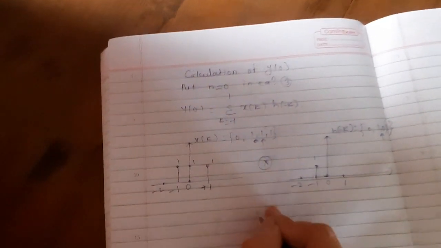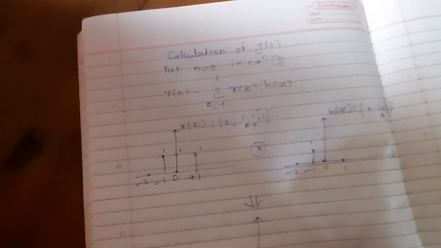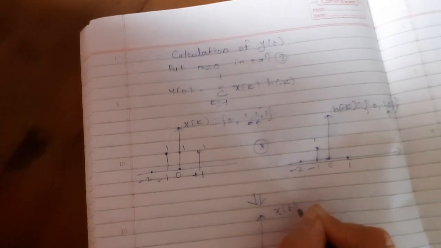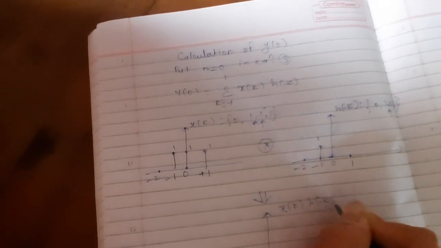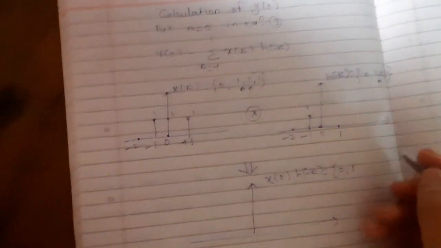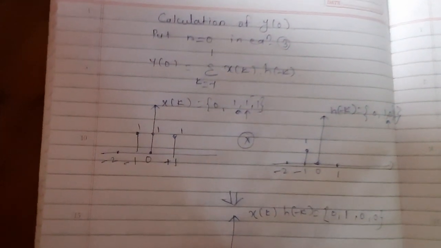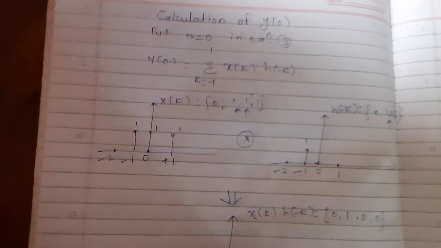Now we have to multiply it and we get the answer as x of k into h of minus k is equal to 0 1 0 0. This is 0 1.